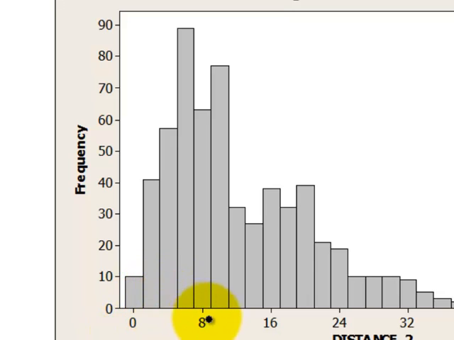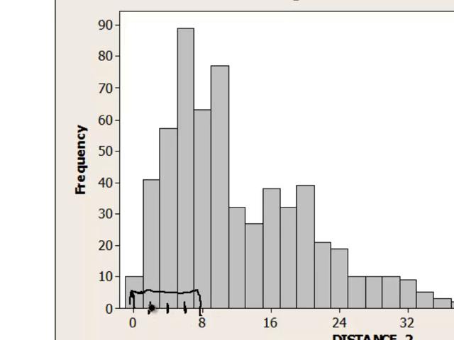We can see that the labels are midpoints, so we can determine the class width by doing this. This is 0, this is 8. So the question is how many bins are between 0 and 8?